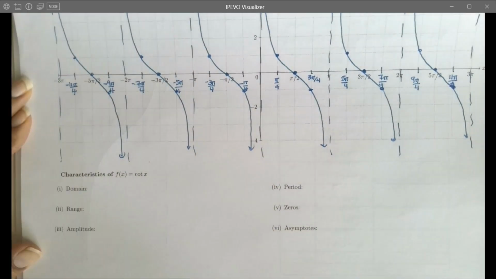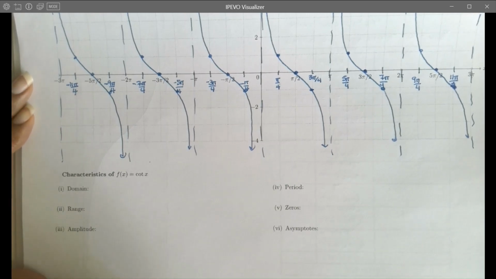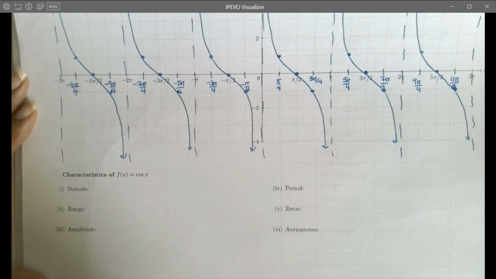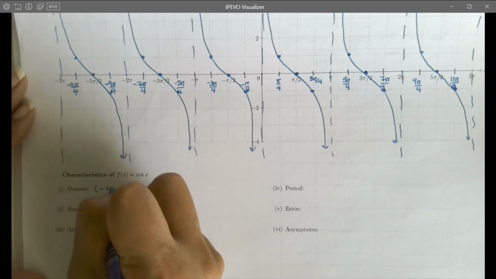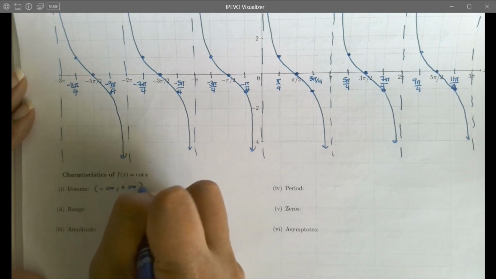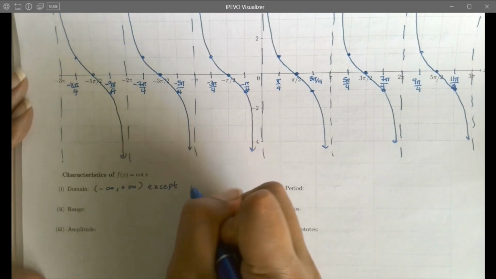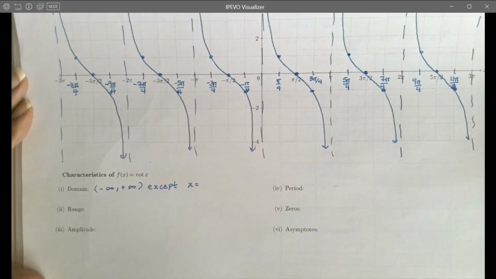We're going to be using them to help us determine the domain. The domain is basically anything that can be plugged from the x-axis without having any issues. So that'll be from negative infinity to positive infinity, except the places where we have asymptotes, because that is where we'll get something that is undefined.